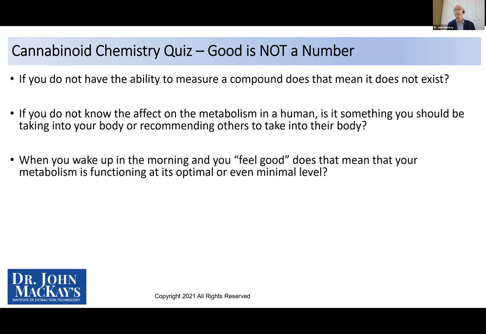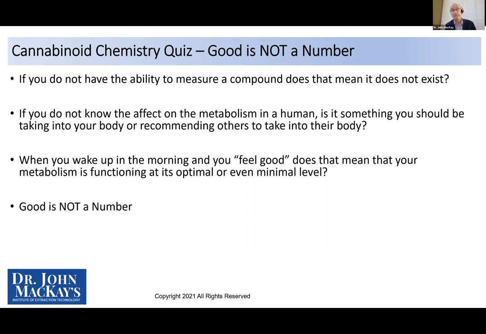You wake up in the morning, you feel good. Does that mean that your metabolism is functioning at optimal or even minimum level? You need to be able to know how your equipment's working. Are you making the product that day at the minimum level, at specifications that you're looking for, the high and the low? Where are you on that continuum?